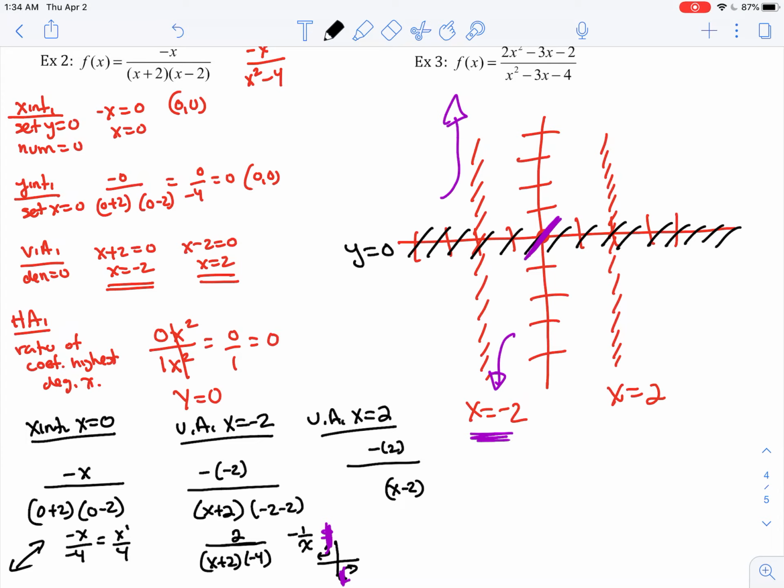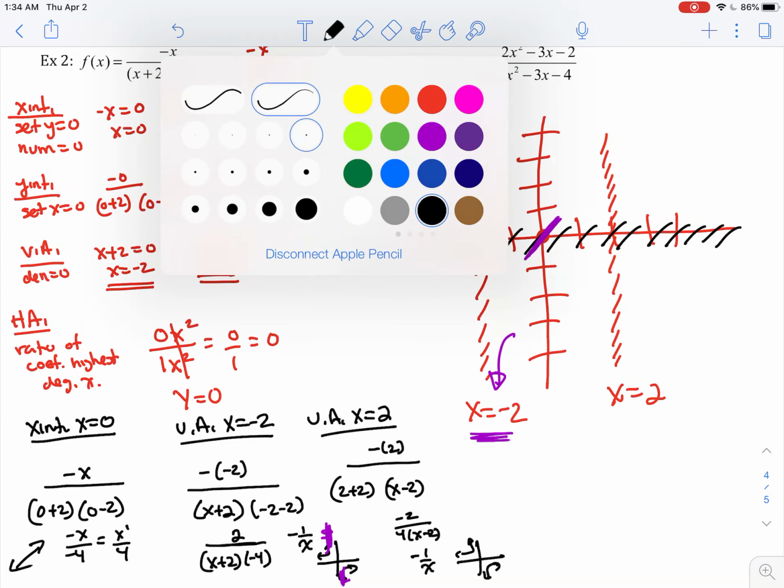So we have the minus and then the 2, and we have the 2 plus 2, or if we were to simplify that, we basically have -2 over 4 times x minus 2, or again, simplified, -1 over x. So our general idea is that negative coefficient, or a -1 over x graph. And again, that -1 over x graph looks something along the lines of that.